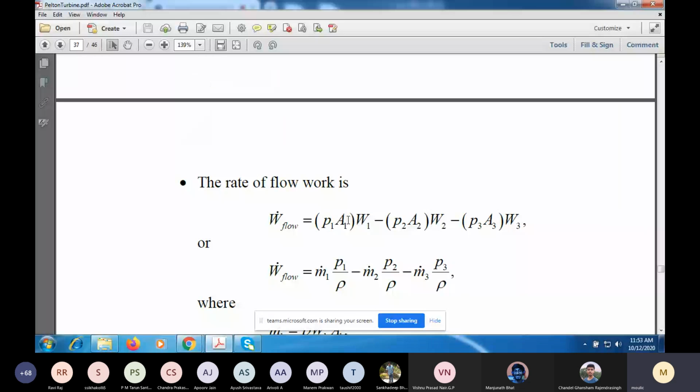So this is Newton per meter squared into meter squared, so this quantity in parentheses is the force. And per unit second, the movement of the fluid is W1 into the control volume.